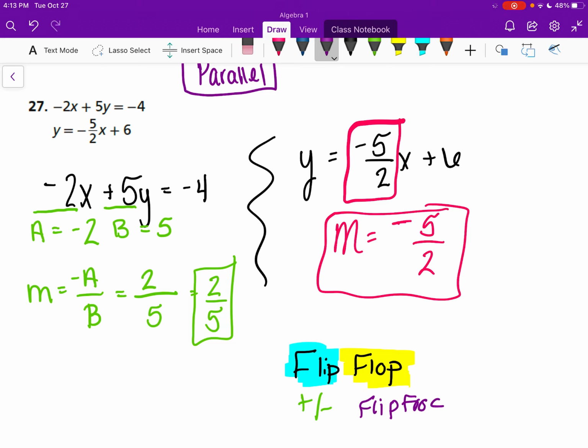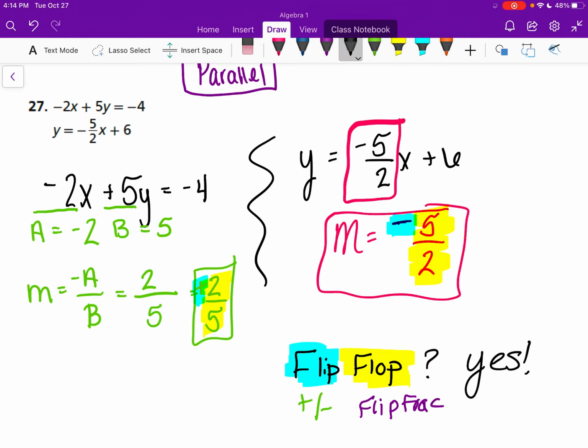Let's check it out. Are they opposite signs? One positive, one negative? Yes, there's not a positive written here, but it might as well be there. It's not negative. Okay. Second part, are they a flopped fraction? 2 over 5 to 5 over 2? Yes.